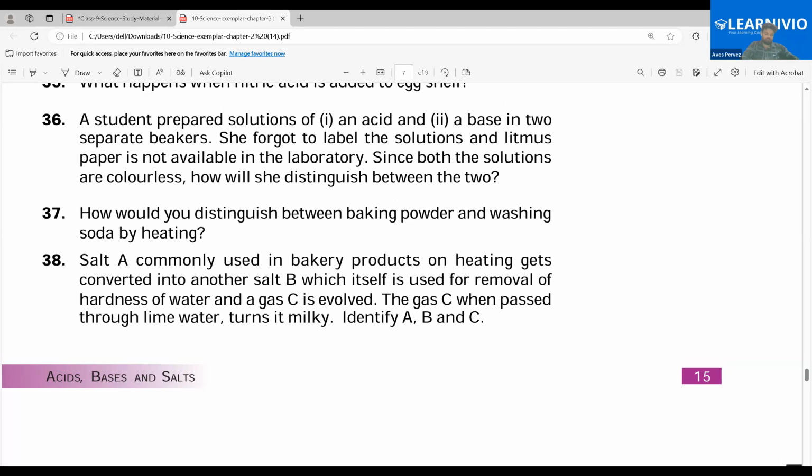Sir, salt B is, I think, sodium carbonate. And C is lime water. Lime water is not C. C is a gas.